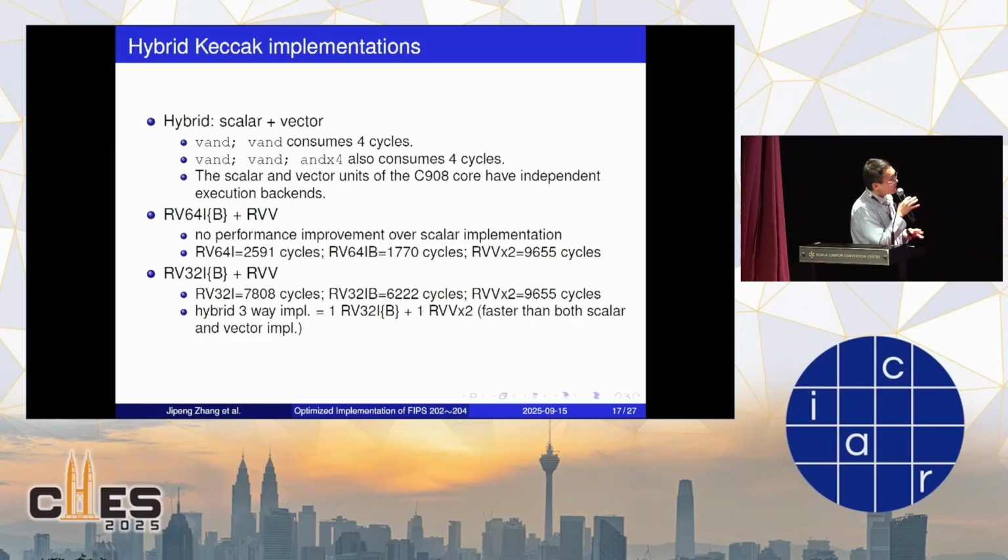One is the 32-bit version and one is the vector version. So we get the hybrid 3-way implementation. We found it's faster than both the scalar and vector implementations.